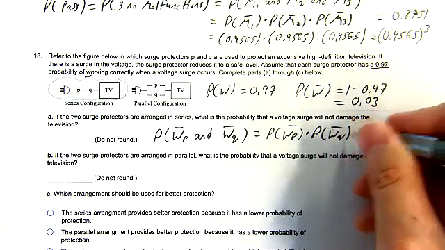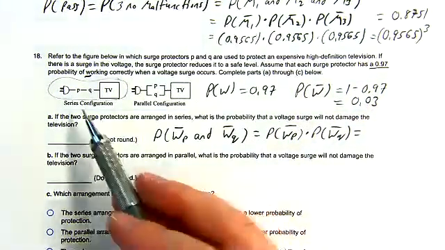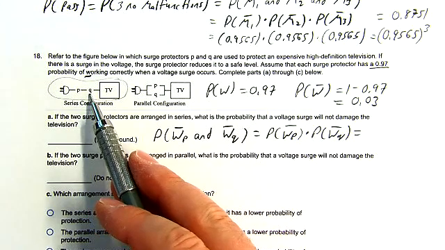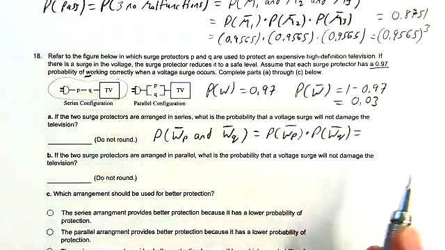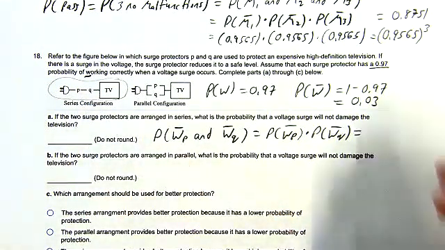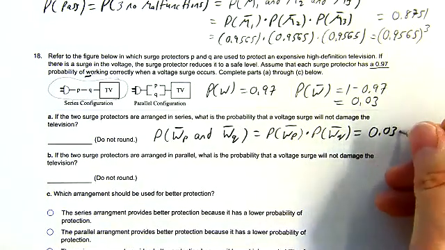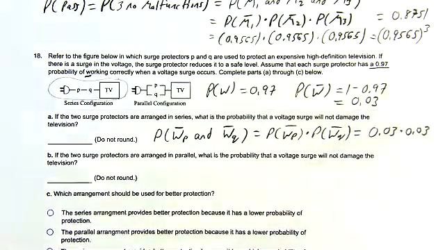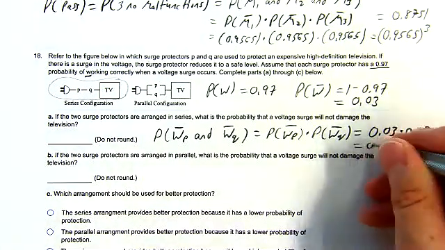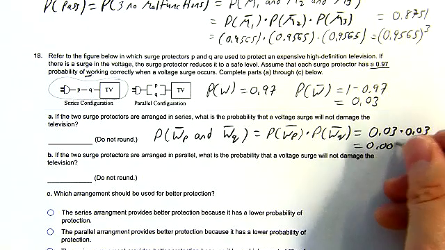Again, we're assuming independence. We're assuming that the likelihood that Q fails does not depend on the likelihood of P failing. They're independent devices. So we just have to take 0.03 times 0.03, and we will get 0.0009.